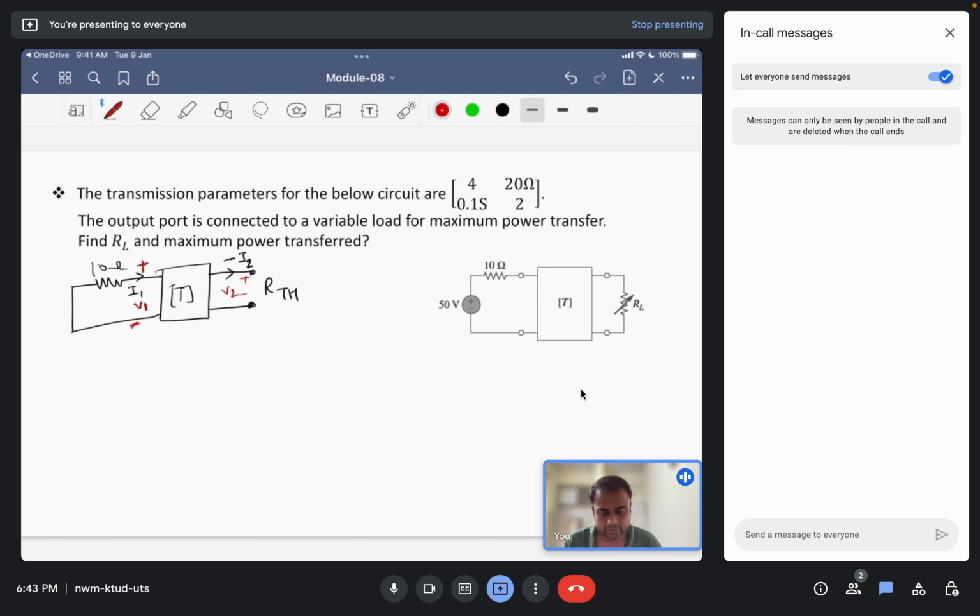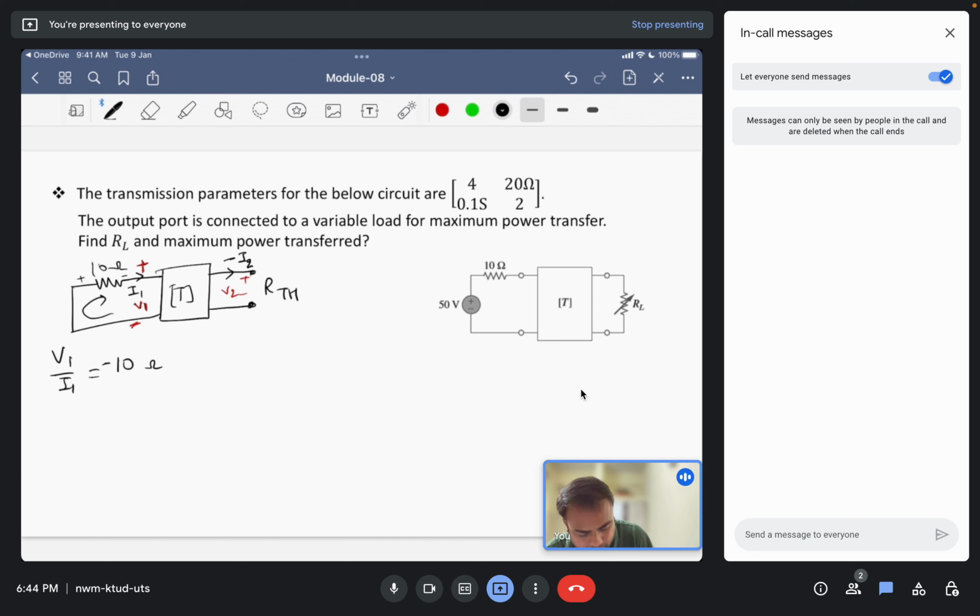First of all, let us find a relation between I1 and V1 here. The direction of current flow is like this. So this is plus and this is minus, which is opposite compared to this. So V1 by I1 is 10 ohms.